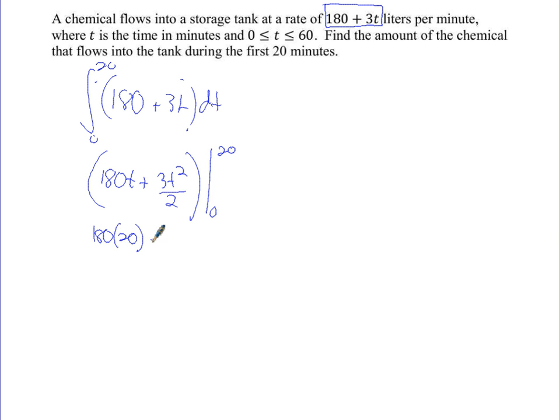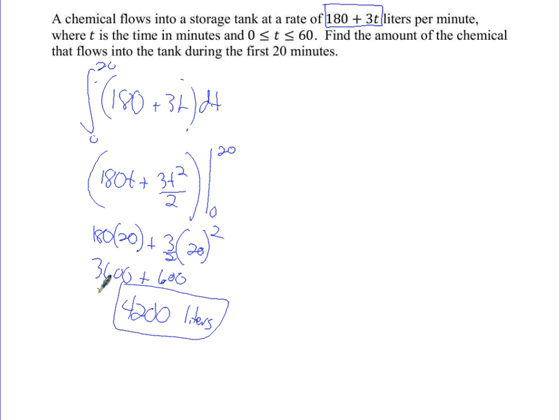So I have 180 times 20 plus 3 halves, 20 squared. 180 times 20, 3,600, plus 400, 3 halves times 400. 600 sounds good. So 400 divided by 2 first is 200, and then 200 times 3 is 600, for a total of 4,200 liters of chemical.